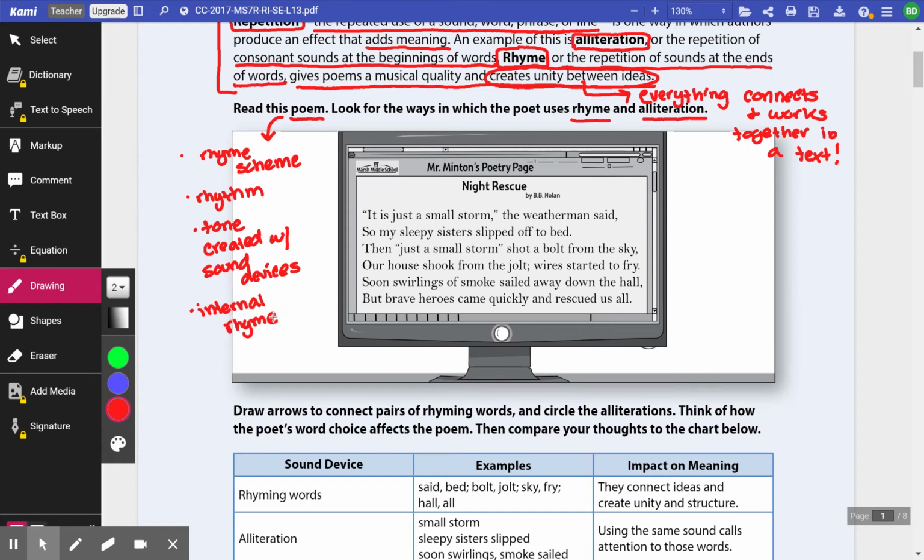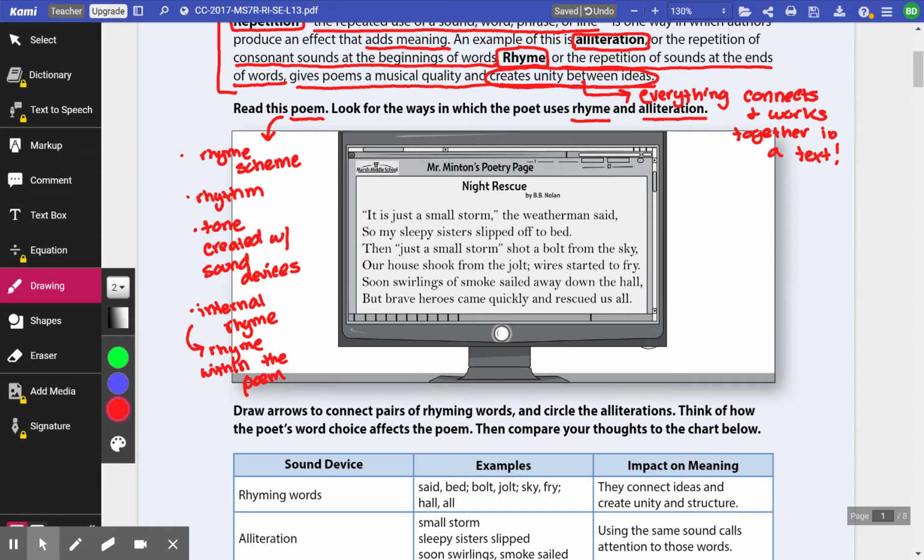It's where you have words that are within the poem, not on the end of the lines, that rhyme. I'm going to make myself a note that this is just rhyme within the poem. I think this poem has one example, so whenever we get to it, I'll show you.